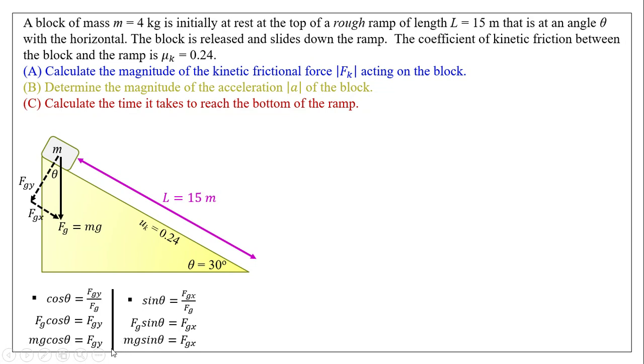So just as with F of Gy, after a while, with F of Gx, you can stop doing this step because it will always turn out to be mg sine theta according to this angle that's referencing the angle of the ramp.